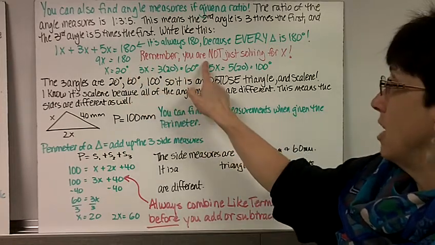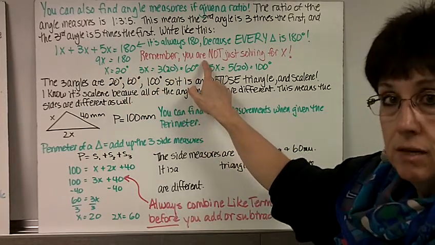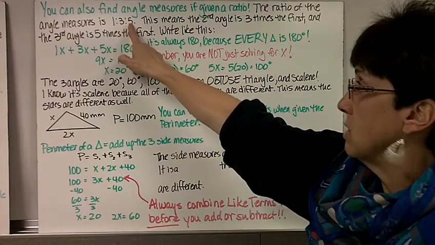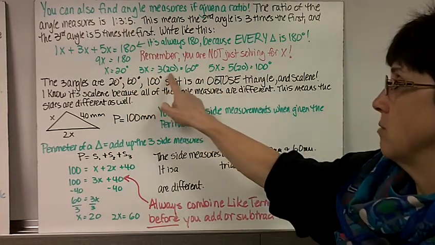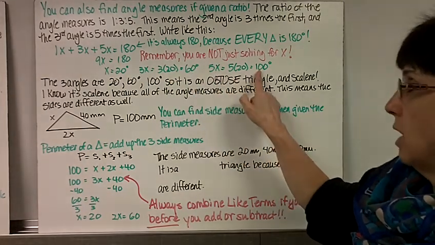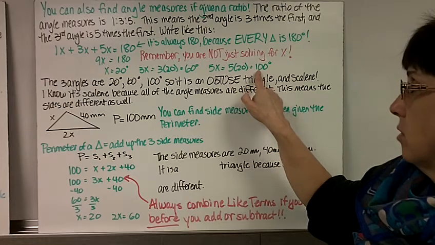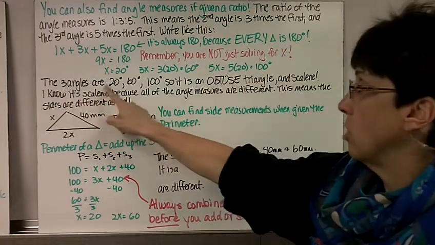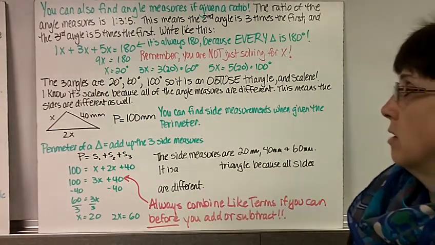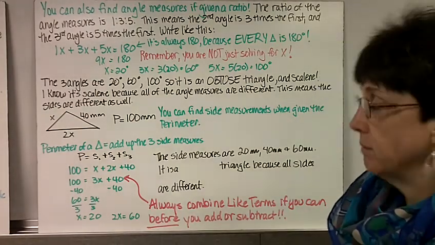But remember, you're not just solving for x. That's not the end of the problem. You need to know that's this measure, but what's this measure and what's this measure? So 3 times 20 is 60 degrees, and 5 times 20 is 100 degrees. So the three angles are 20, 60, and 100, so it's an obtuse triangle, and it's also scalene.